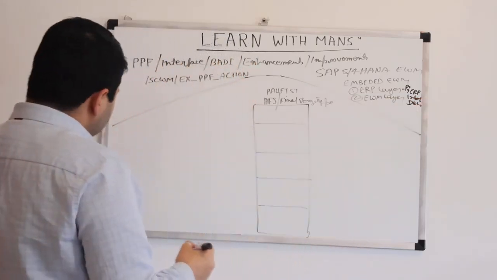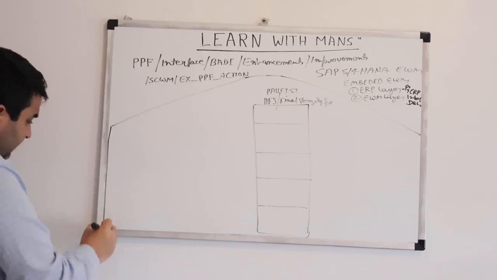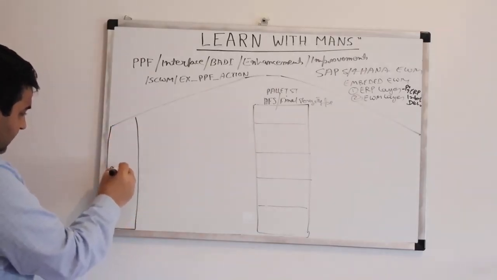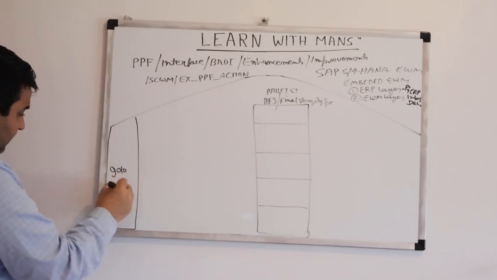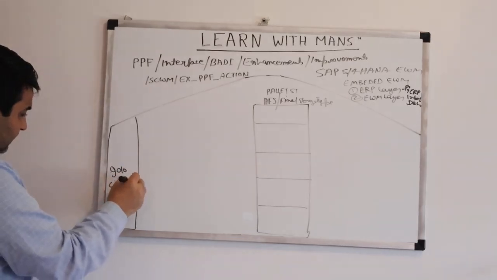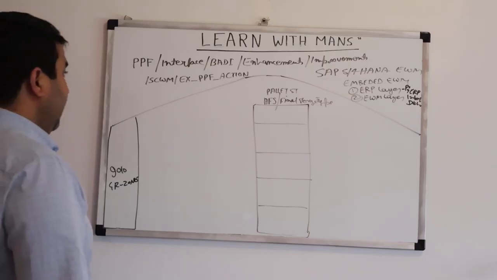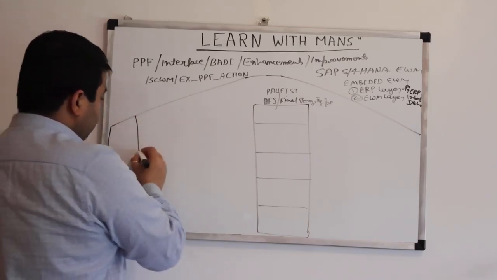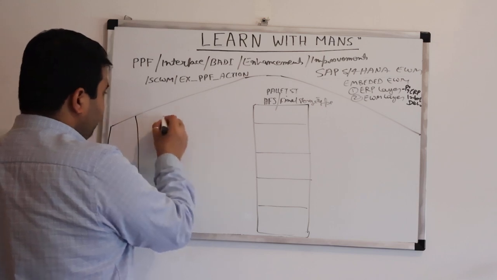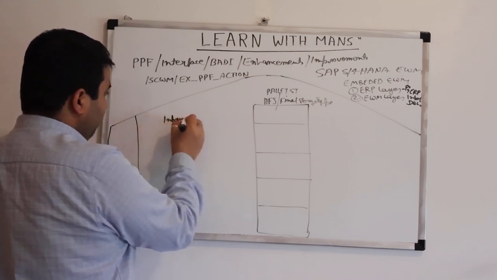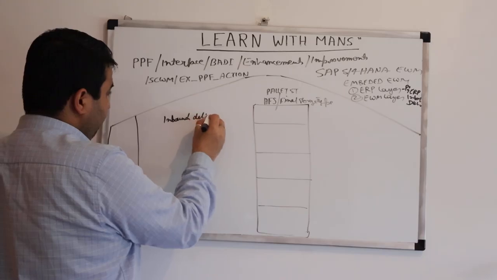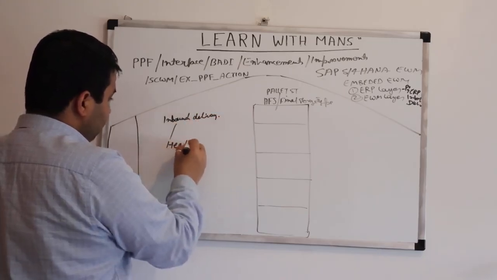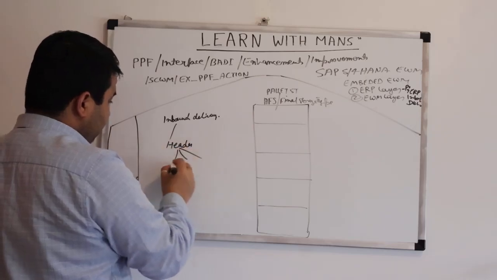Today our requirement is when we receive the goods from the vendor or supplier, the inbound delivery should be, because if I'm talking about inbound delivery, then it contains a header. Header contains items.